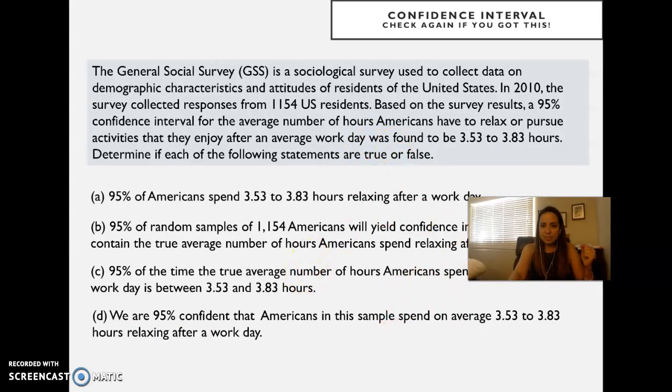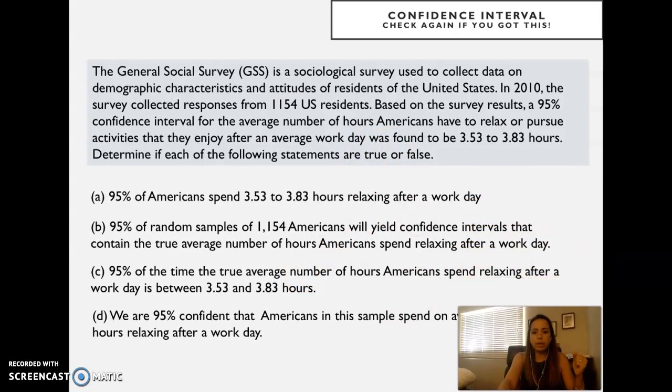All right, let's check if you got this. The General Social Survey is a sociological survey used to collect data on demographic characteristics and attitudes of residents of the United States. In 2010, the survey collected responses from 1,154 U.S. residents.